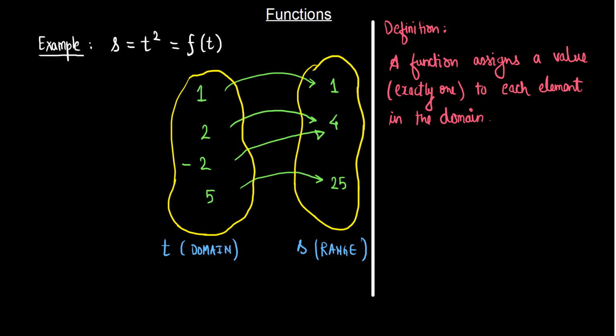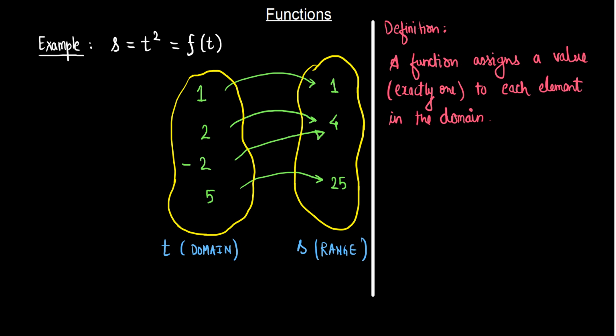But an element in the domain cannot get mapped to multiple values in the range. So that is not allowed. That means multiple values getting mapped to a single value is allowed. However, a single value getting mapped to multiple values is not allowed. If it does, it is not a function.